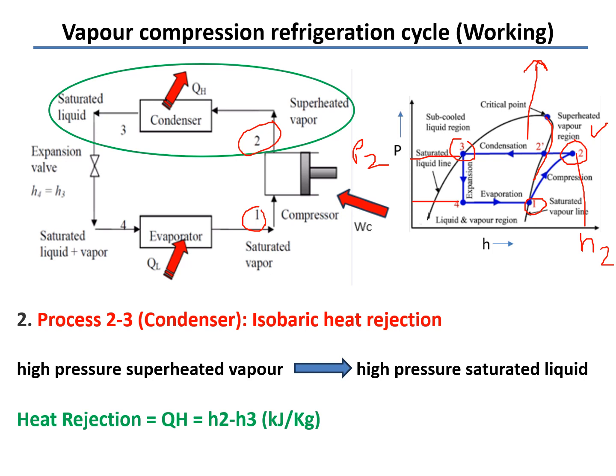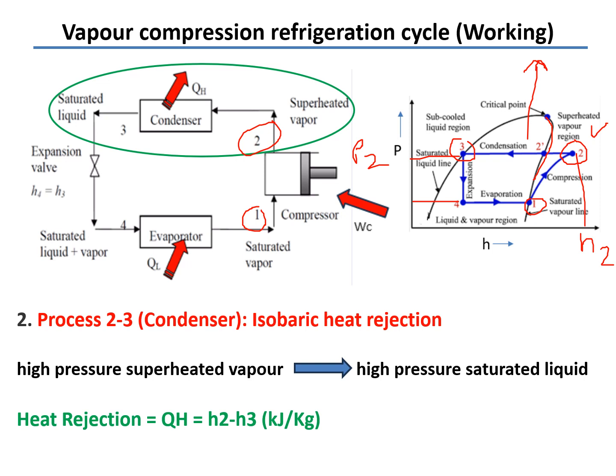At that condenser pressure, state 3 is the saturated liquid. So from 2 to 3, the heat rejection takes place. The refrigerant converts from superheated vapor to saturated liquid. This is the process 2 to 3, in the condenser.